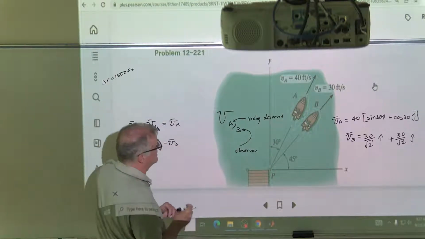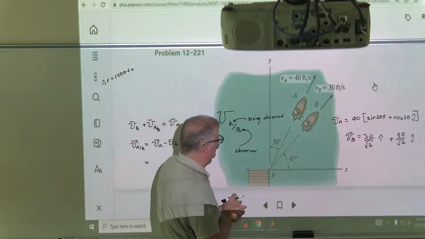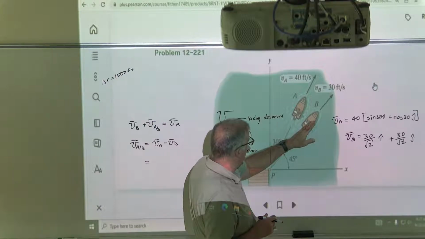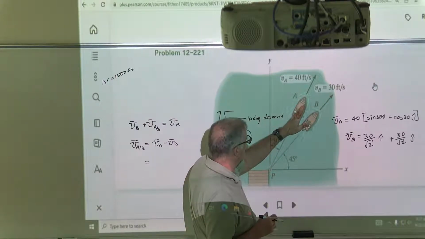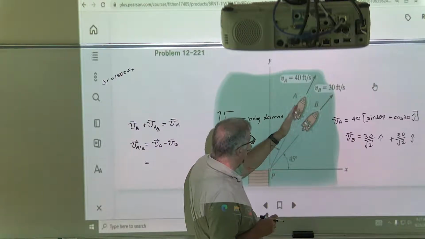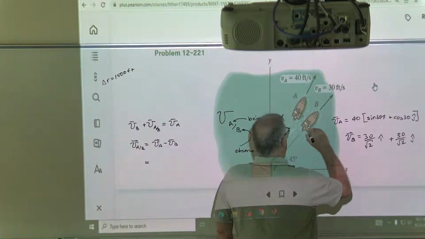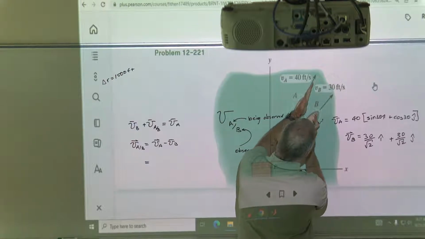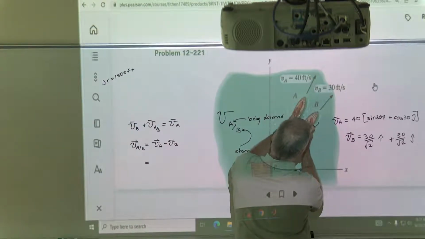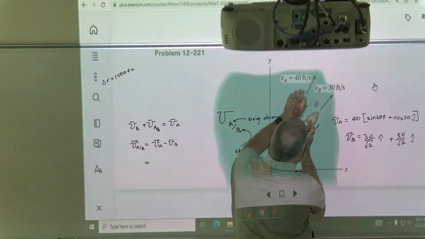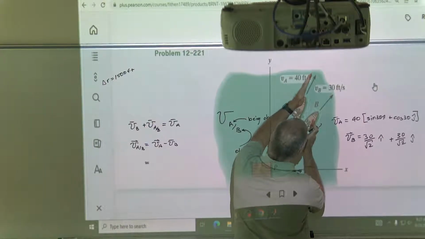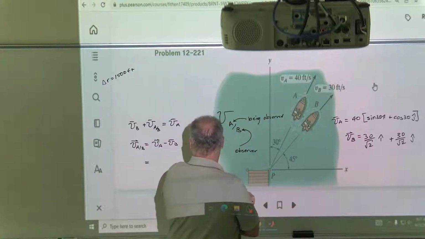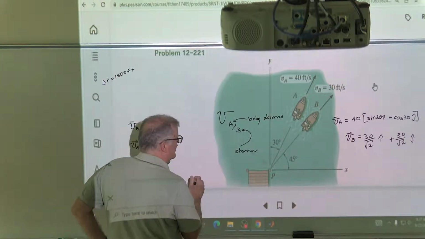And so, okay, so let's just think about it from this point. You're 30, he's going faster than you. So if you're sitting here, you're going to see him kind of getting further away from you. So he'll have a higher component, I think, in that direction. I don't know about that direction. So that's something I'll have to figure out.